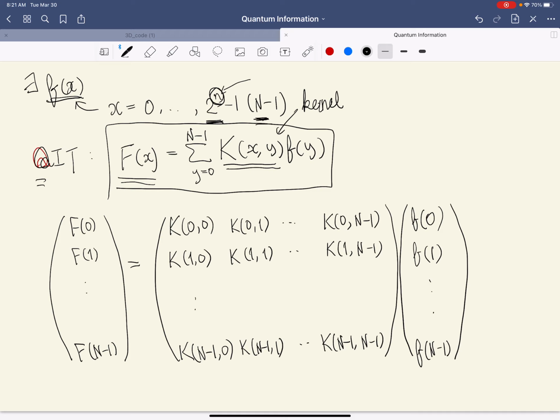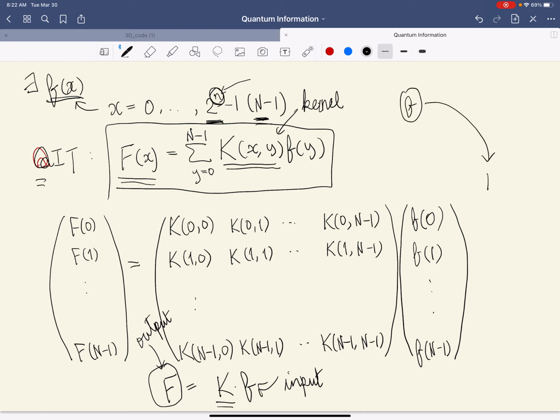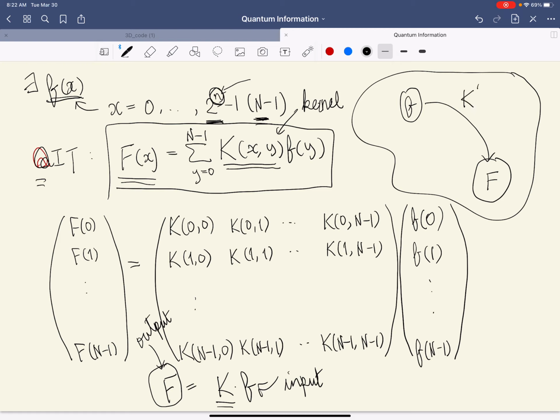So this is nothing but a familiar matrix multiplication where the input vector is designated as a small f, and the output vector is designated as a capital F, and the mapping from an input vector to an output vector in this sort of hypothetical vector space is implemented by this matrix K. In other words, this is nothing but a simple matrix multiplication that we have known all along.